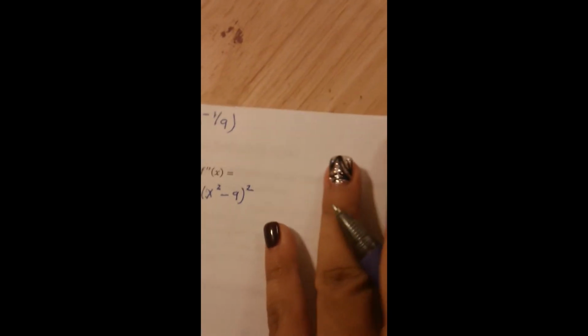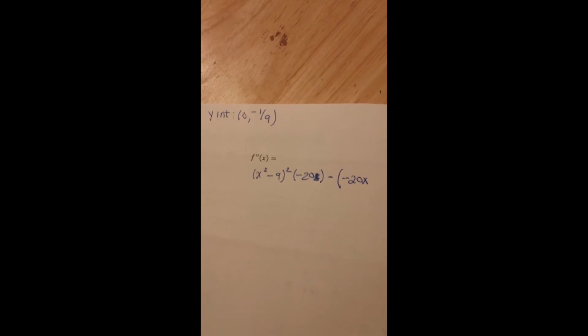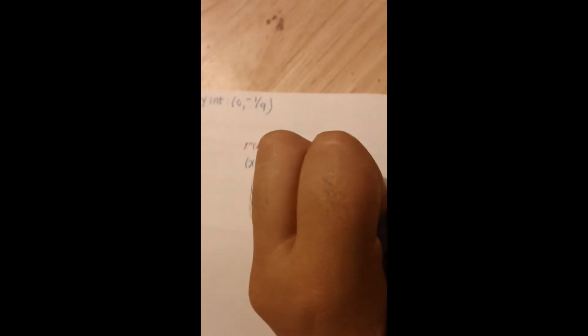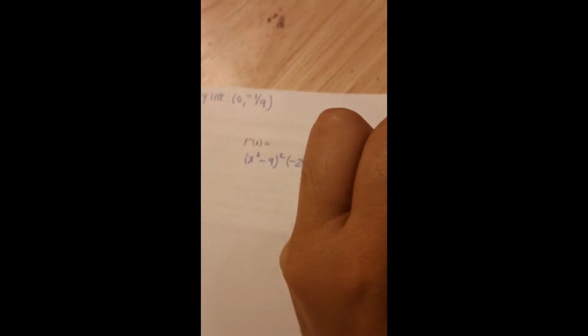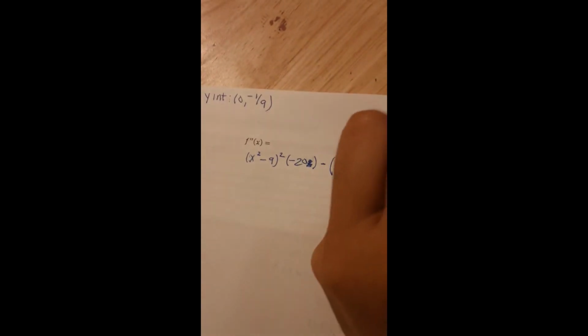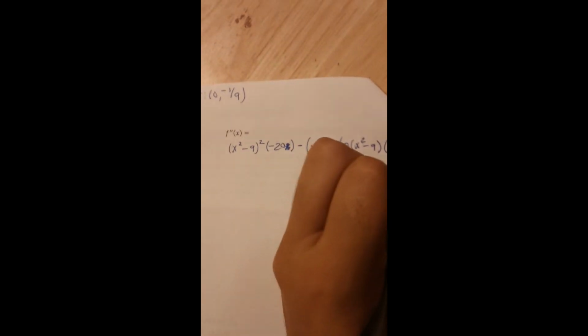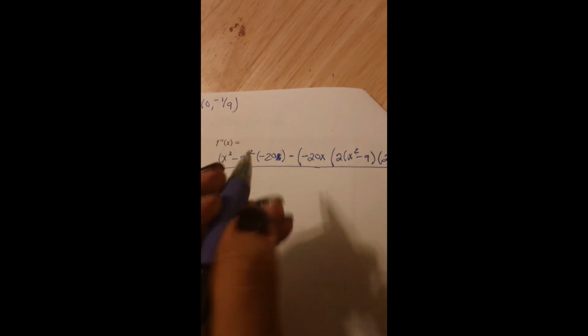So let's move on to do the second derivative, which will be low d high minus high d low, all of it over low low.